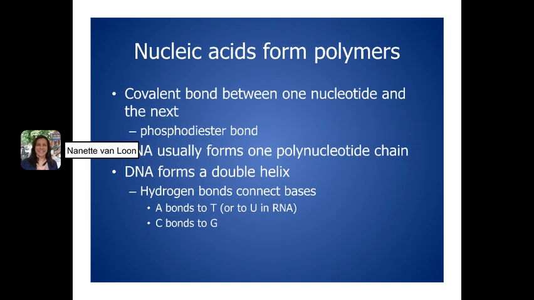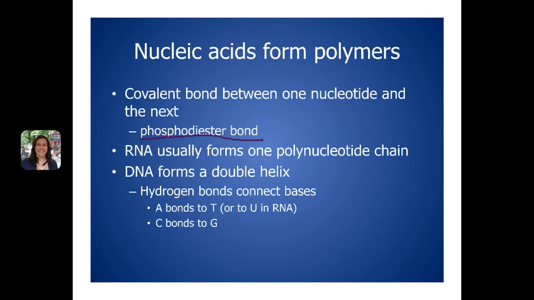Just like carbohydrates and proteins, nucleic acids form polymers, and these polymers are held by covalent bonds between one nucleotide and the next, and we showed that in the previous slide where you could see the connection between the phosphate group and the sugar molecule in the individual nucleotides, and that was called the phosphodiester bond.